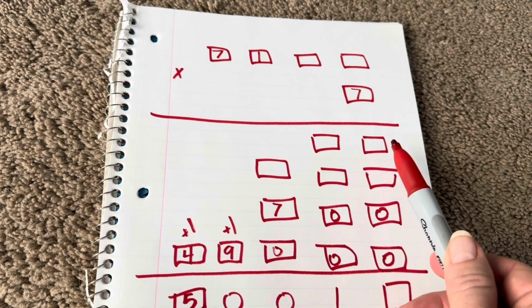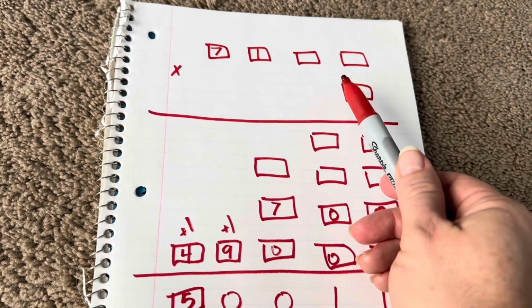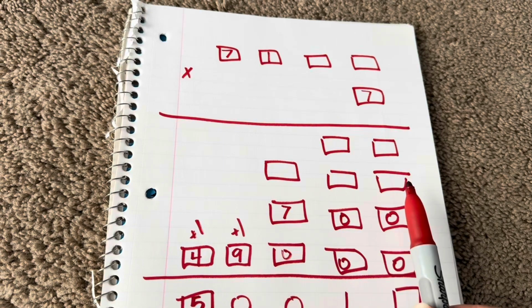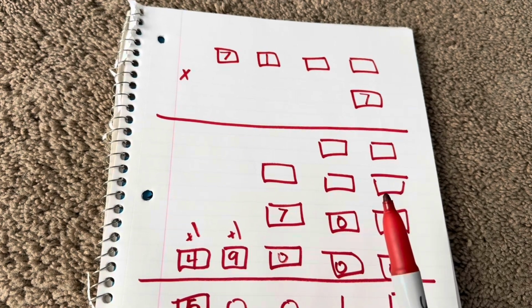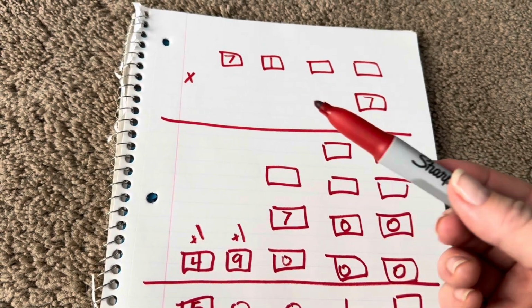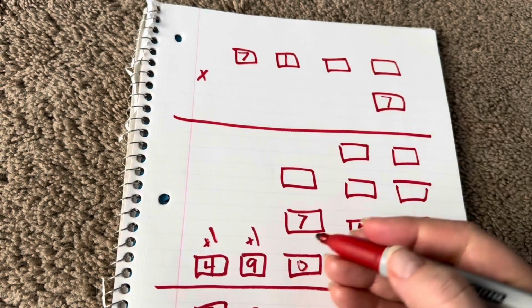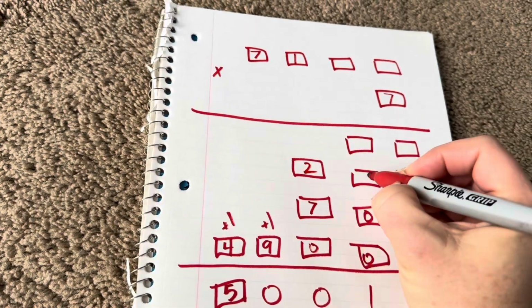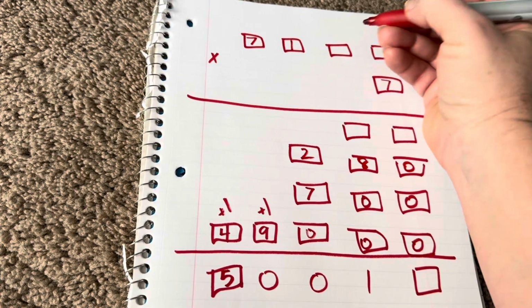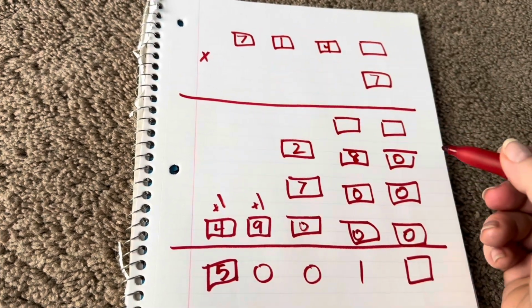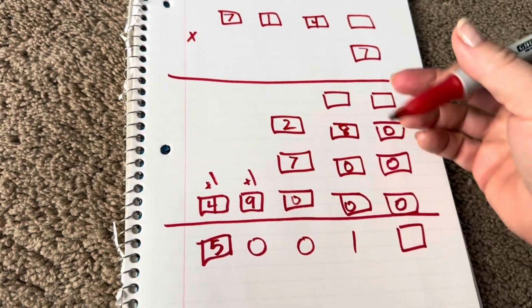Then I did 7 times 3, which would be 210, and that didn't work either. When I did 7 times 4 and got 28, so I ended up with 280 here, that worked out fine. So this part I solved with guess and check.